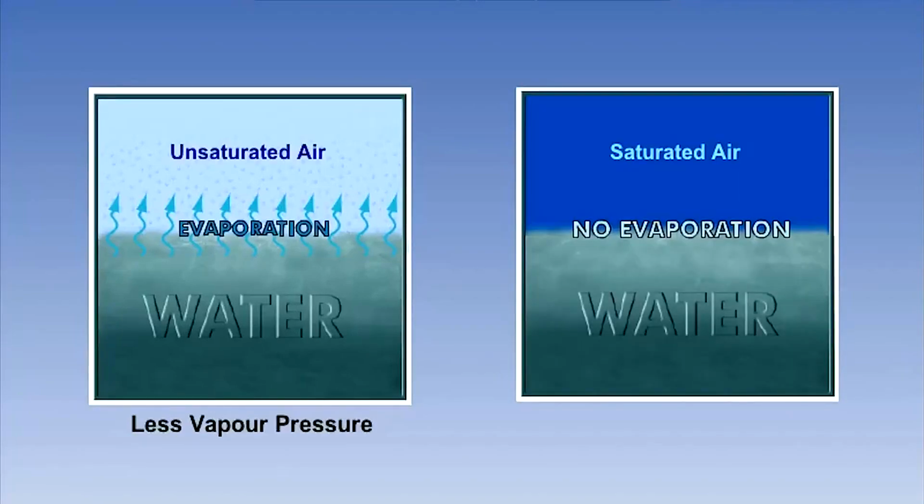If we left this box alone for long enough, water will evaporate from the water surface for the air to become saturated. At this point, evaporation will stop and the vapor pressure will also cease to rise. This maximum value of the vapor pressure occurs at saturation and is called, unsurprisingly, the saturation vapor pressure.